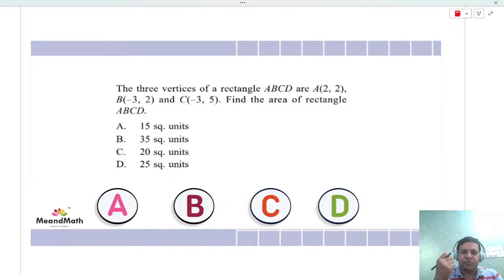So I'll give you 2 minutes to solve this question. Let's see. We'll give the answer here.